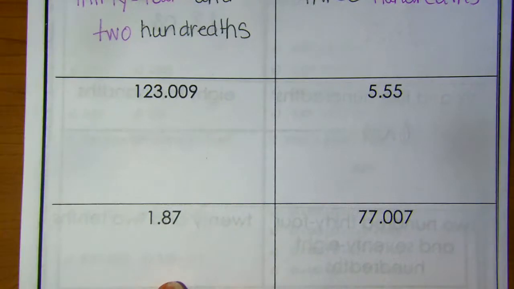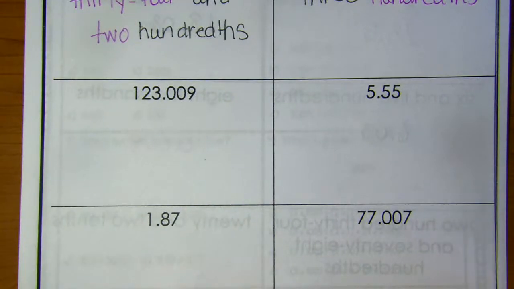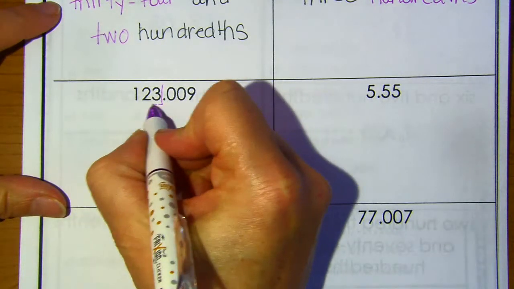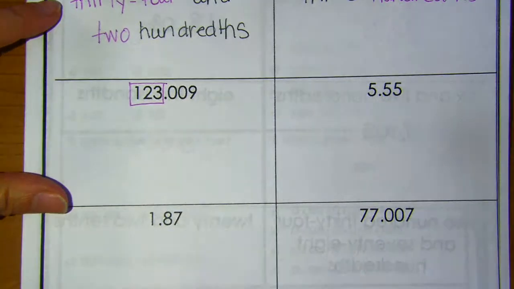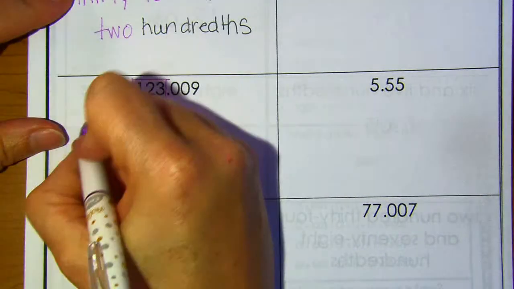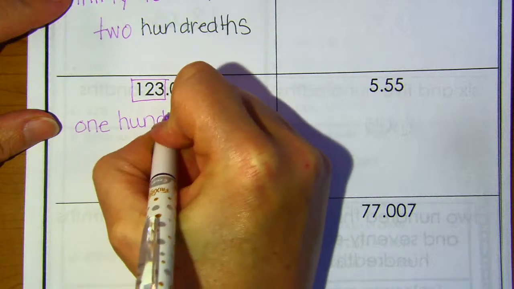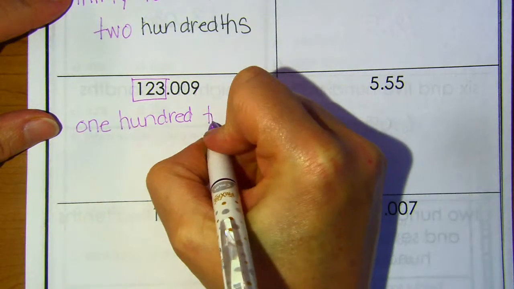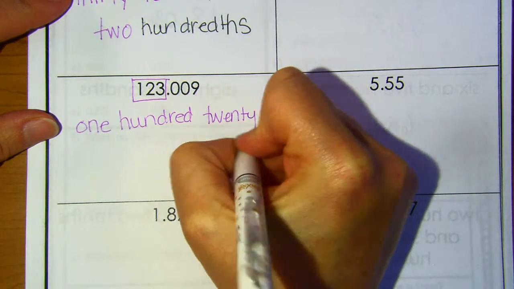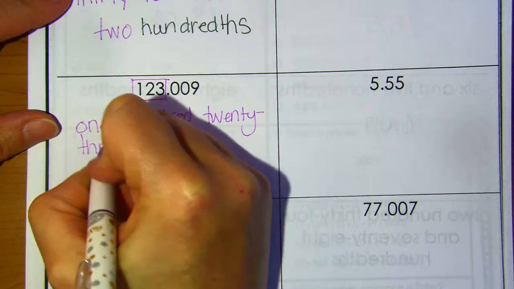And on this next one, the number before the decimal, you just say the way you've always learned to say it. So 123.